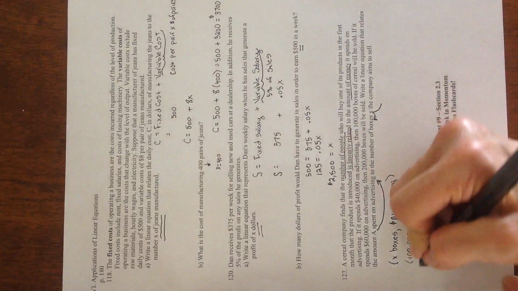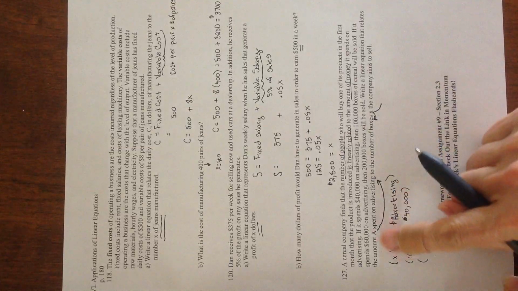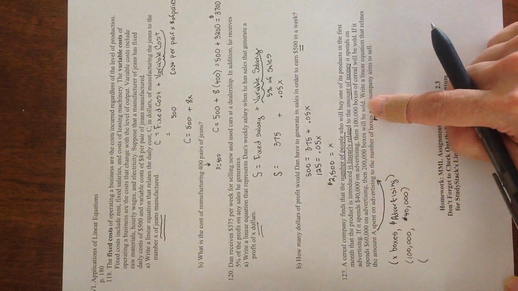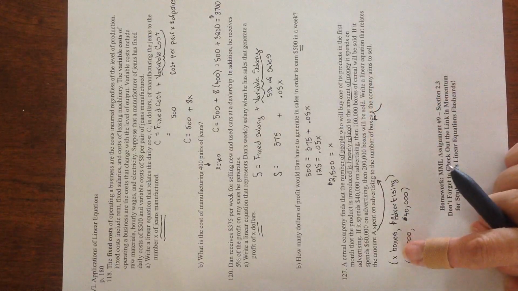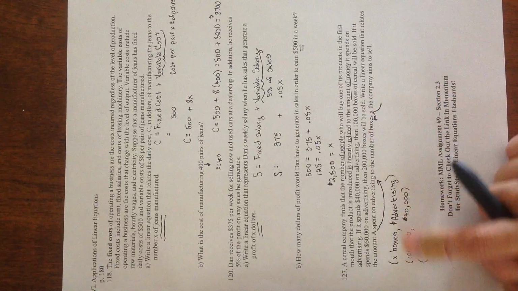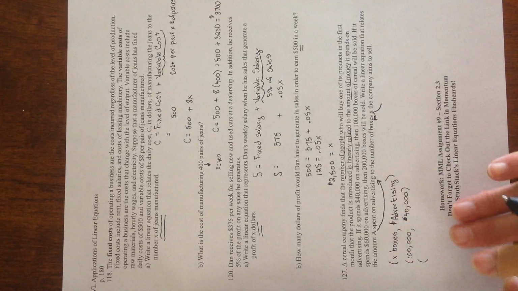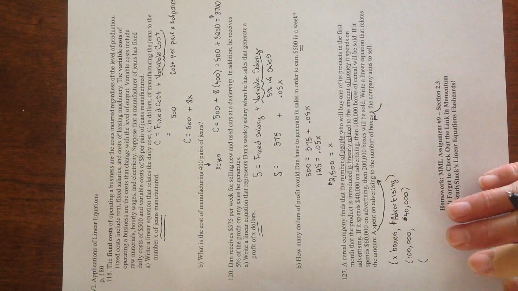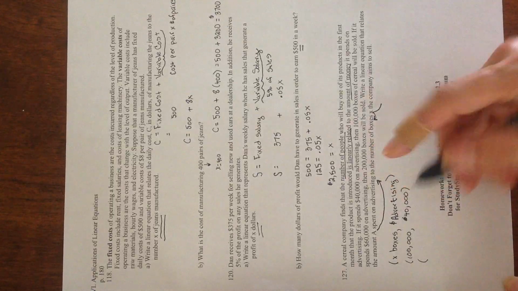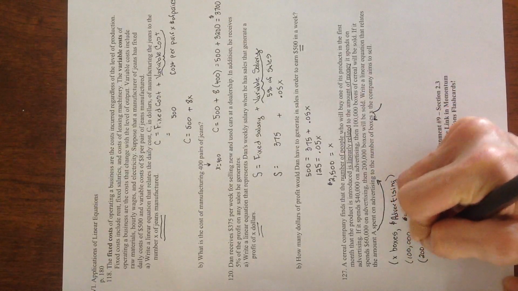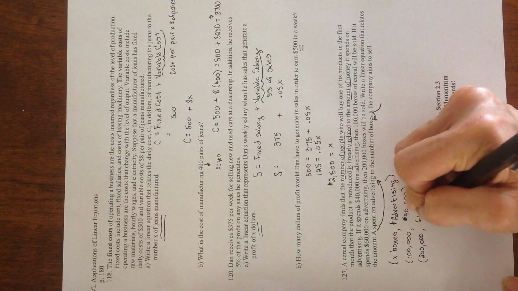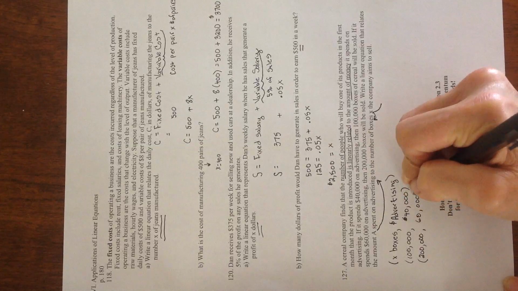If the company spends 60,000 on advertising, then 200,000 boxes will be sold. One thing that really helps me is to write in words what my ordered pair represents, so that I make sure I have both ordered pairs in the same order. On the second ordered pair, the 200,000 is the number of boxes, and the 60,000 is the amount spent on advertising.